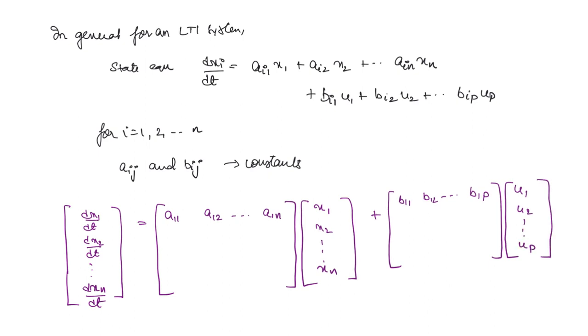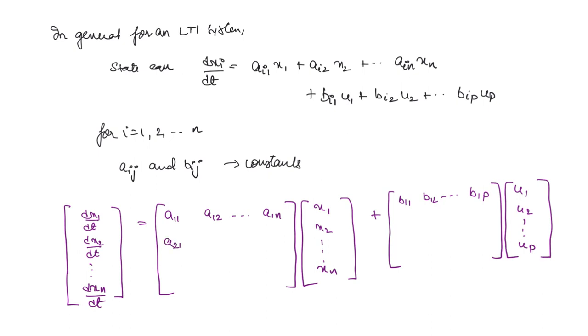Okay. So you can see here dx1 by dt is equal to a11 x1 plus a12 x2 and so on till a1n xn plus b11 u1 plus b12 u2 and so on till b1p up. So you can fill out the other elements as well.